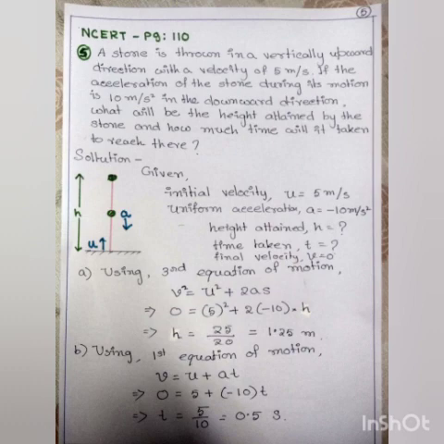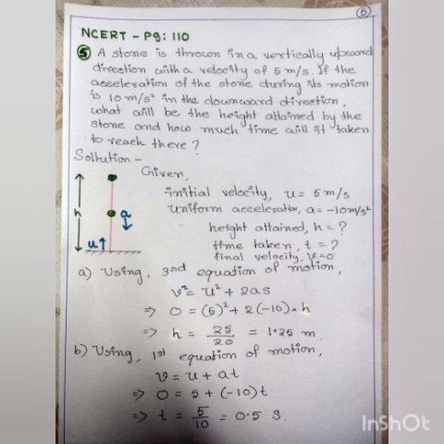Clear? Now see, the initial velocity u is given here 5 meter per second and uniform acceleration a will be therefore minus 10 meter per second square. We have to calculate the maximum height attained by the stone, that is h, and time taken also, and final velocity also.